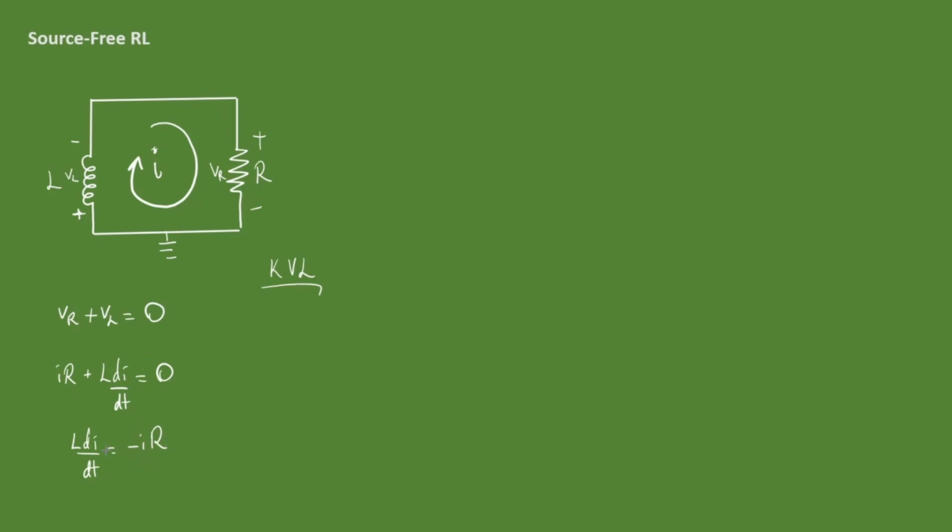We make the same substitution we did before to get I on the same side as the di. So that's 1 over I di is going to equal minus R over L dt. Alright, cool. We've got our simple differential equation.